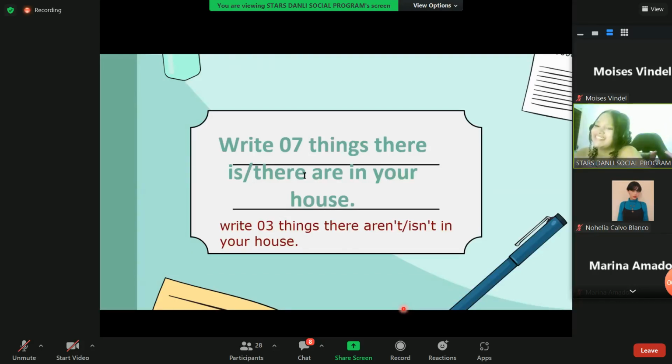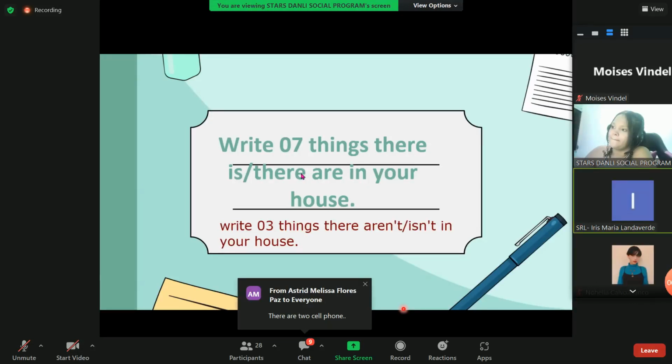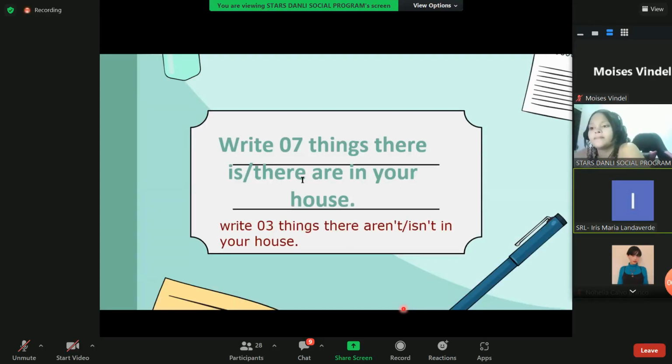Iris. There are 2 pianos, and there is a window. There isn't a computer, and there aren't 2 beds. Okay, excellent. Now let me see.